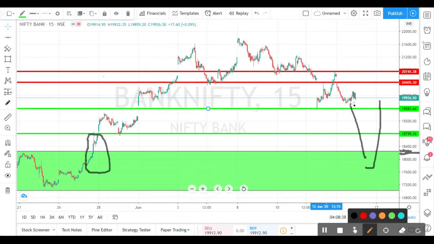So my friend, even after you see the selling in Bank Nifty, always go for buy limit at this area where the accumulation has happened on the bottom of the chart. After seeing the selling also, you have to identify from the previous chart pattern, as per technical analysis, where the buyers are. So my friend, at 18,000 and 18,400, plan for buy.